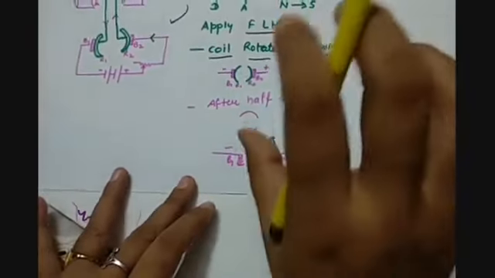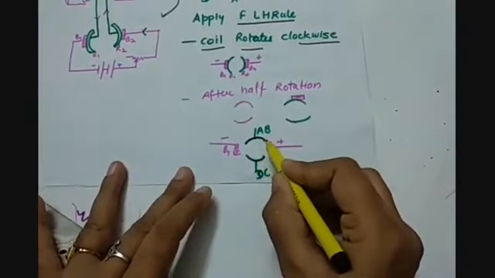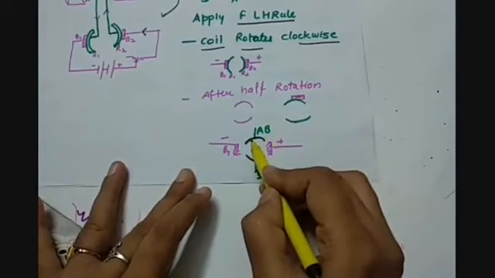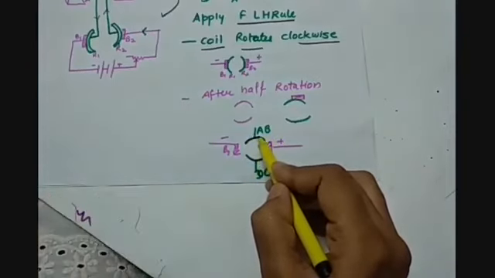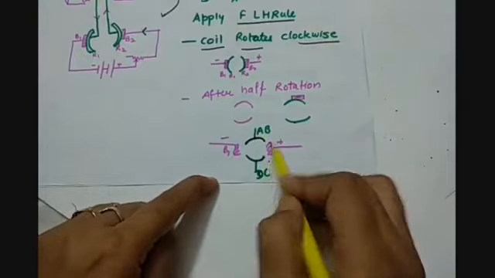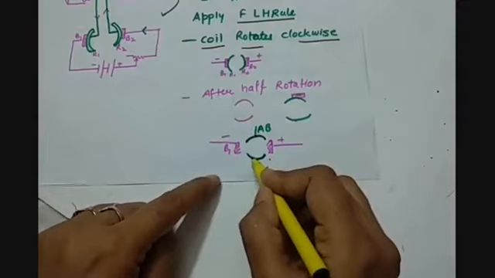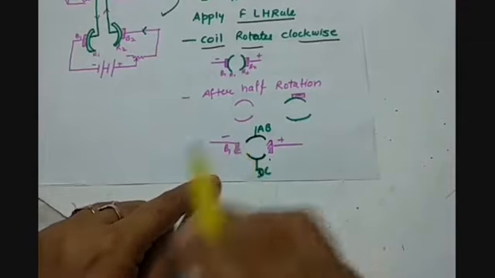So when it keeps on rotating in the clockwise direction, split ring R1 comes in contact with brush B2, and split ring R2 comes in contact with brush B1.